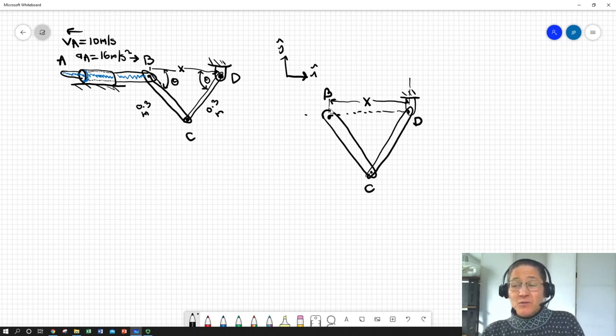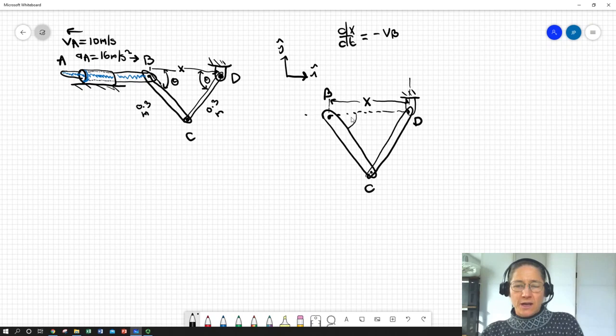B can only move in the i-hat direction, so we can immediately relate x's motion to the motion of point B. We could say, for instance, that the time rate of change of that distance x is equal to, probably negative, because if B has a positive velocity, then x is going to get smaller. So dx/dt is equal to negative VB. The faster B is going, the faster x is shrinking.